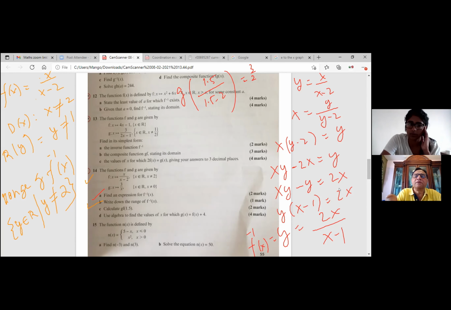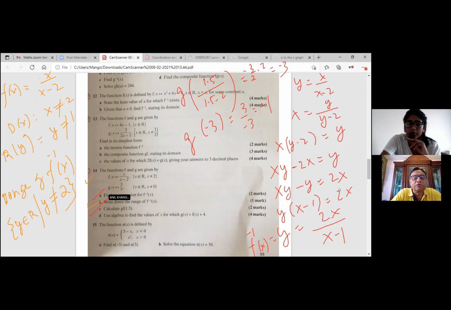So you'll get a negative answer, 3 by 2 times 2, and that is negative 3. So we have g of minus 3. You can plug minus 3 into the function, which is 3 over minus 3, which is minus 1. So you get your answer for this also. Is it clear to you?